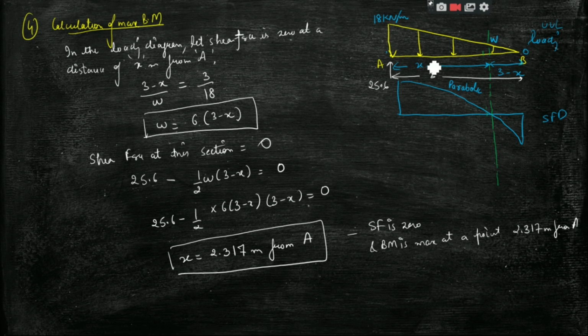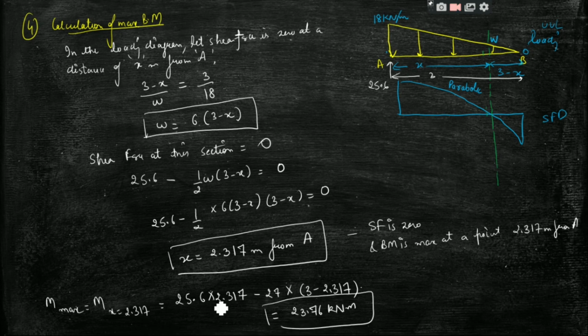That will be 25.6 into 2.317 minus 27 into (3 minus 2.317), and we get this as 23.76 kilonewton meter.